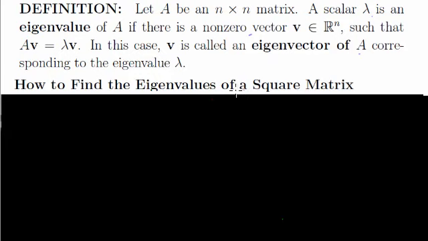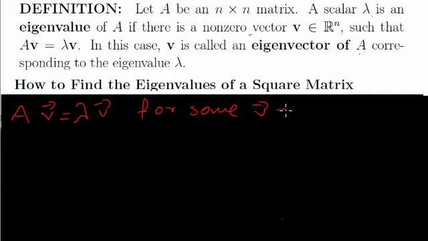So how would we find the eigenvalues of a square matrix? Well, we know that eigenvalues satisfy that AV is equal to lambda V for some non-zero V from Rn.